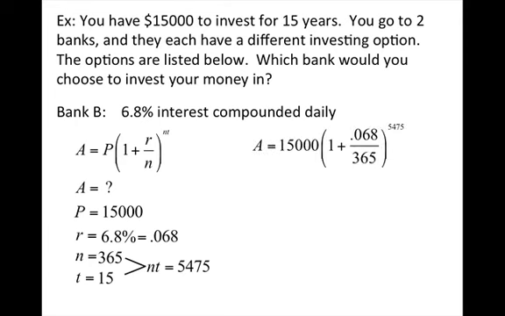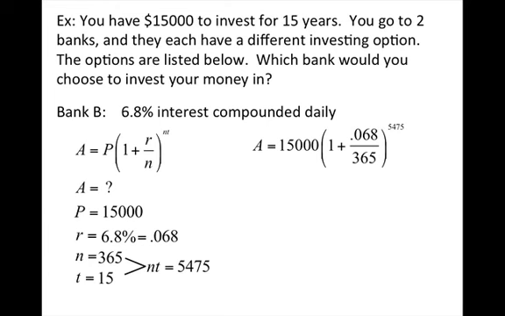So now I'm going to plug these values into my formula. So I get 15,000 times 1 plus 0.068 divided by 365, and all of that is raised to the NT power, and that's why I went ahead and multiplied N times T and got 5,475.